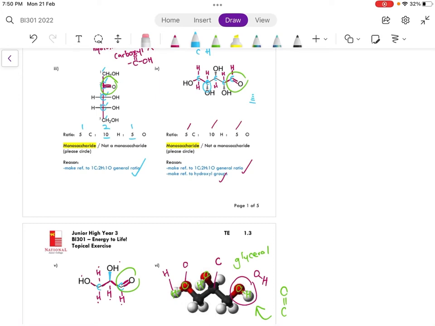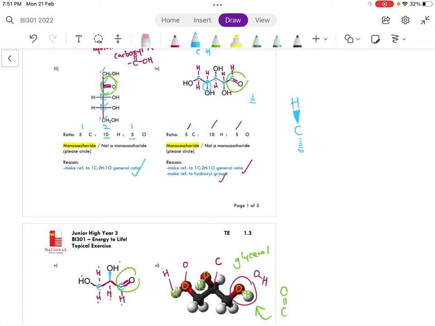Sometimes we use triangles to represent where that functional group is pointing. What do I mean by that? When you see a filled-in triangle, and let's say they put a hydrogen like that, it means that this particular hydrogen is pointing towards you, out of the paper. Let's say the paper or the screen is a flat plane, this is pointing towards you.